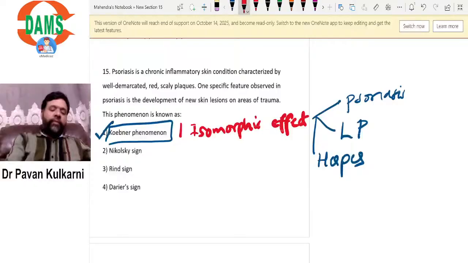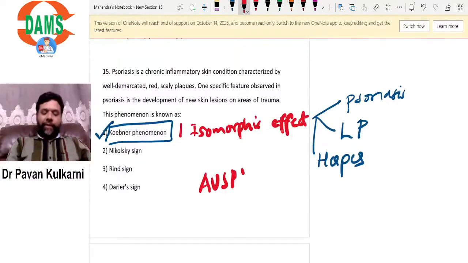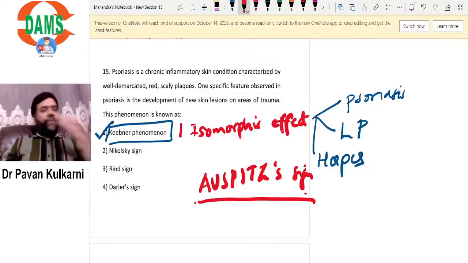Histologically, psoriasis means Auspitz sign. What is Auspitz sign? The scaly plaques will be there, and when you scrape off these scaly patches, you will see pinpoint bleeding spots.